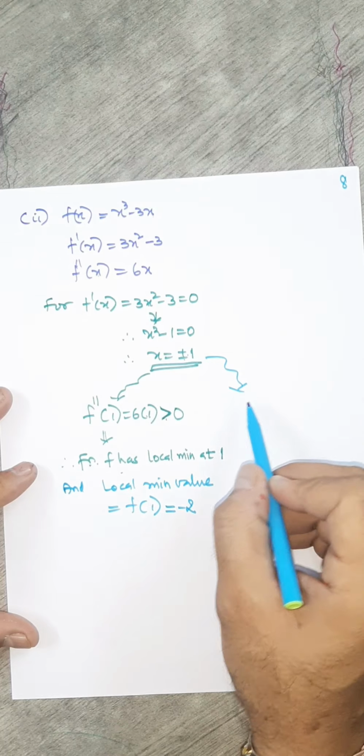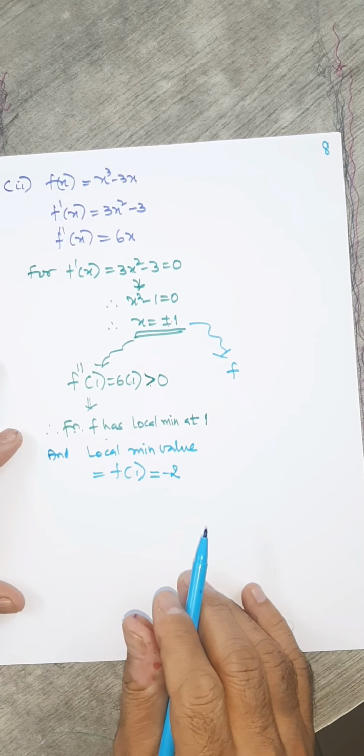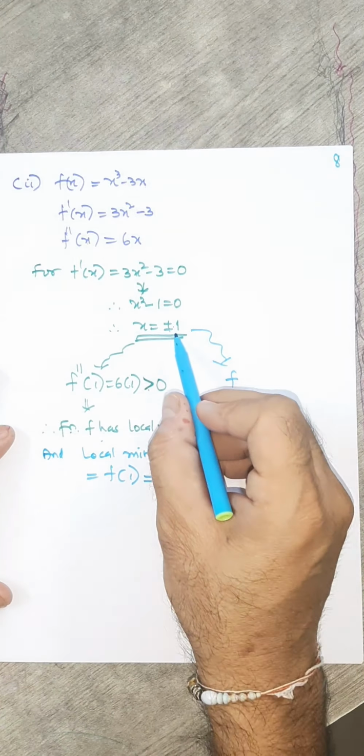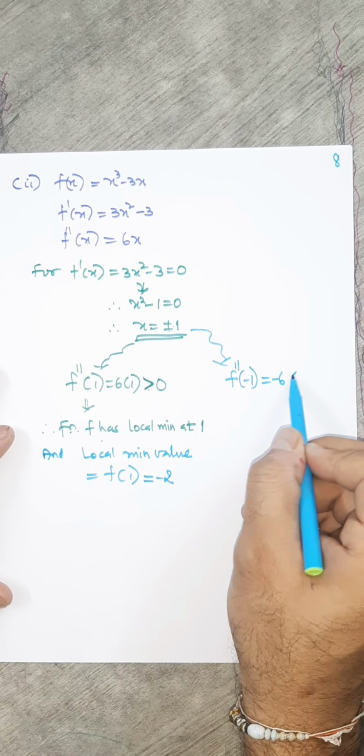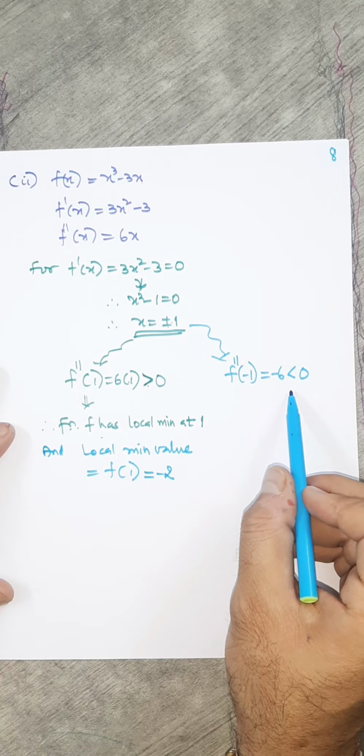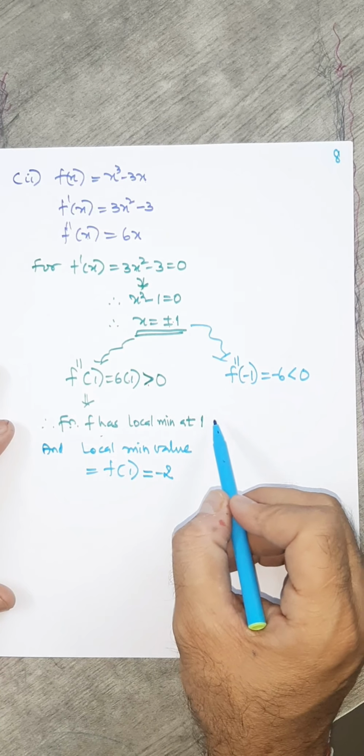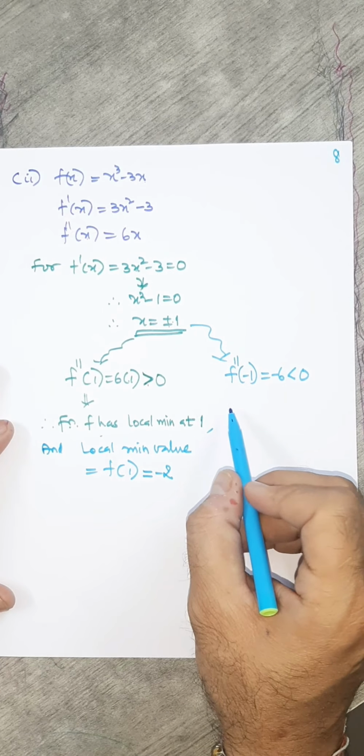Here, you can do it like this in the exam also. In the double derivative, put minus 1. So it will be minus 6, less than 0. If it is negative, then it is a maximum value.